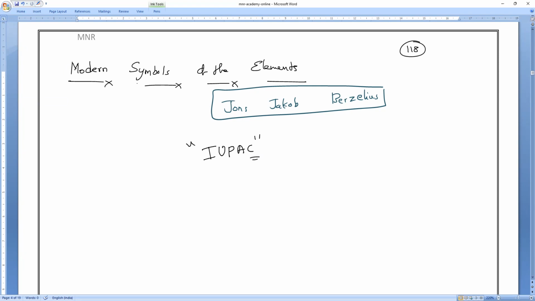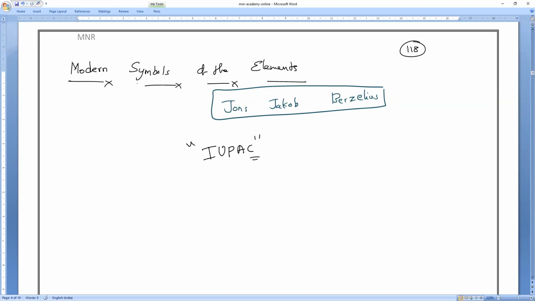Pure and applied chemistry. Every chemical compound name and symbol in today's world is approved by this international committee, the International Union of Pure and Applied Chemistry.